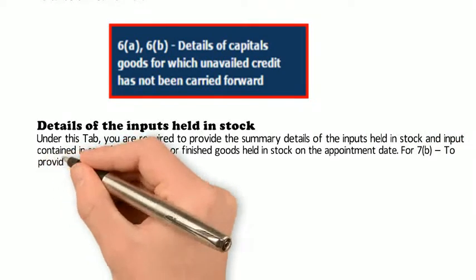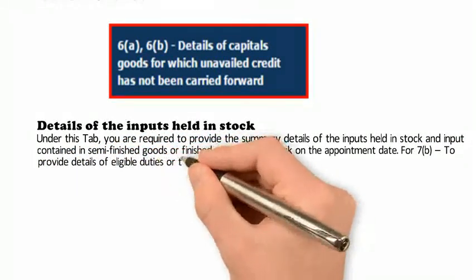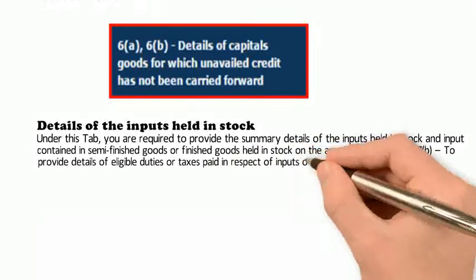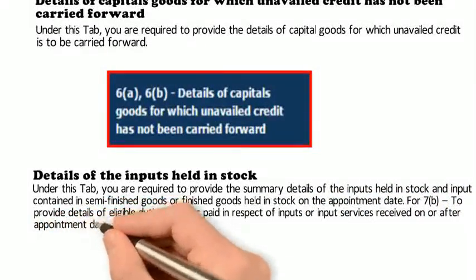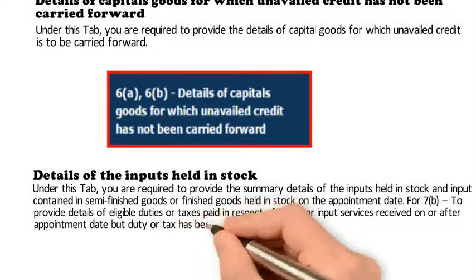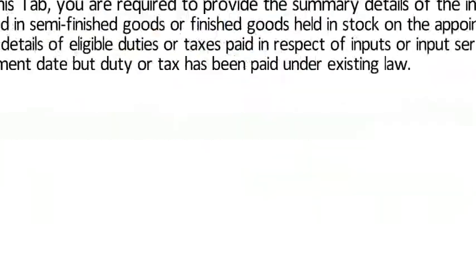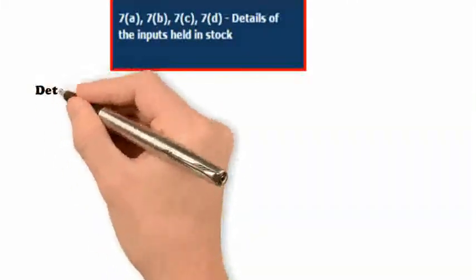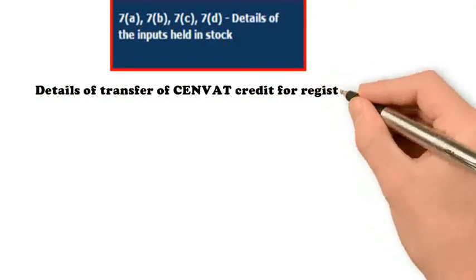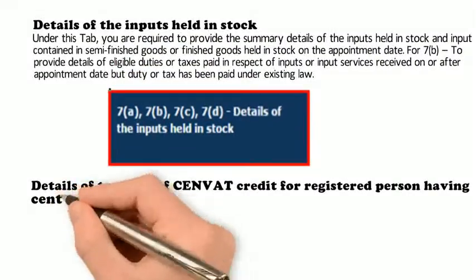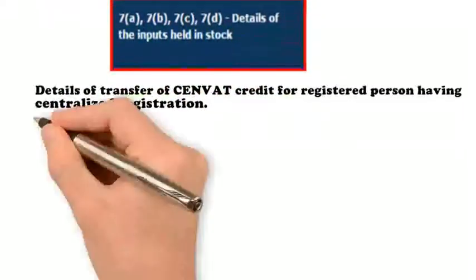4.7b. To provide details of eligible duties or taxes paid in respect of inputs or input services received on or after the appointed date but duty or tax has been paid under existing law. Details of transfer of CENVAT credit for registered person having centralized registration.